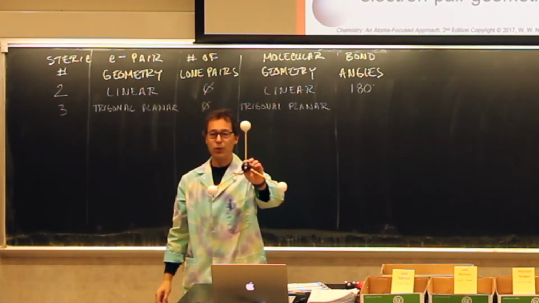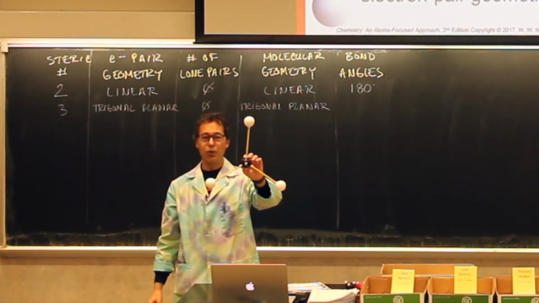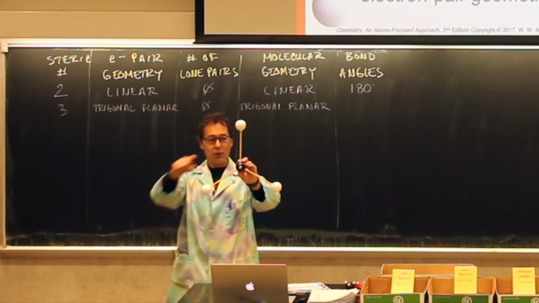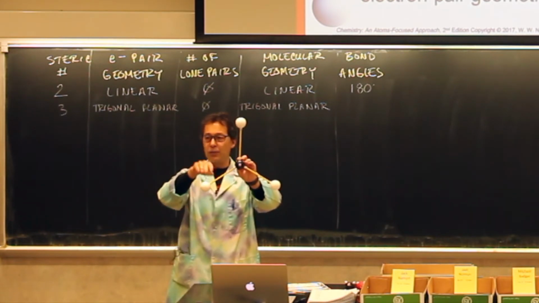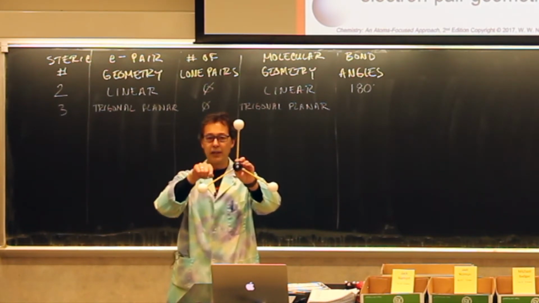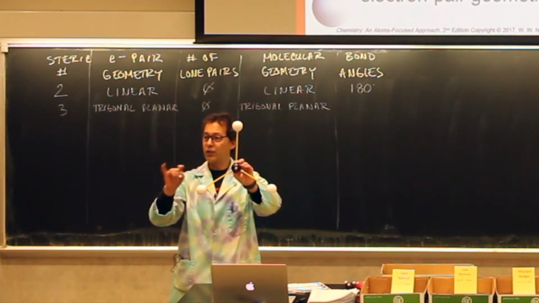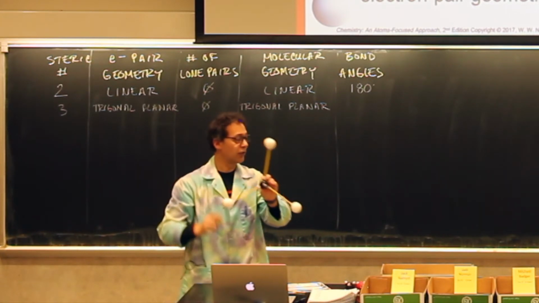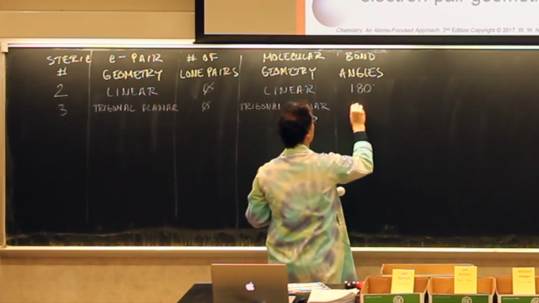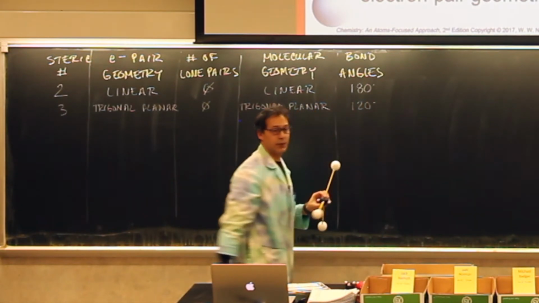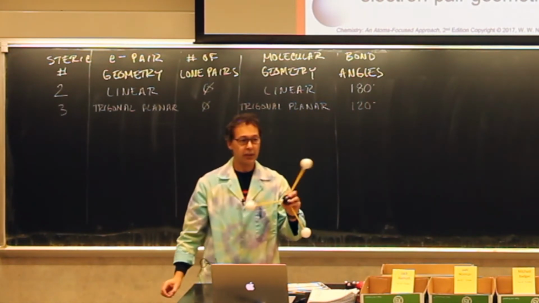And for those of you who have spent nights worshiping the Mercedes-Benz corporate logo, what would this bond angle be expected to be? 120. Yep, it's a circle divided into thirds, so this should be 120 degrees. Okay, nicely done.